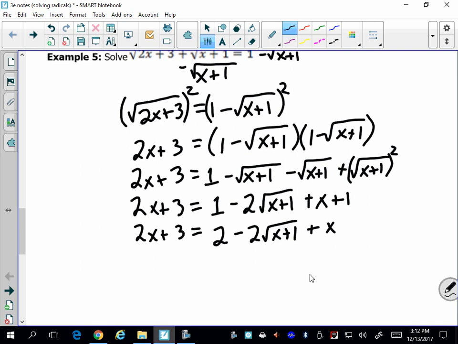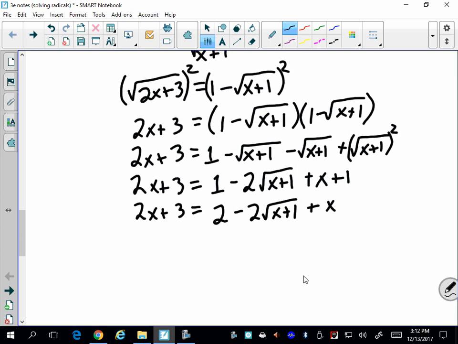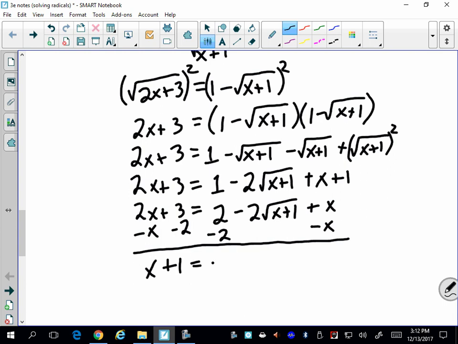Well, we still have a radical, so now we have to isolate it again. So subtract x, subtract 2, subtract 2. That's enough for this step. So that's x plus 1 equals negative 2 square root of x plus 1.